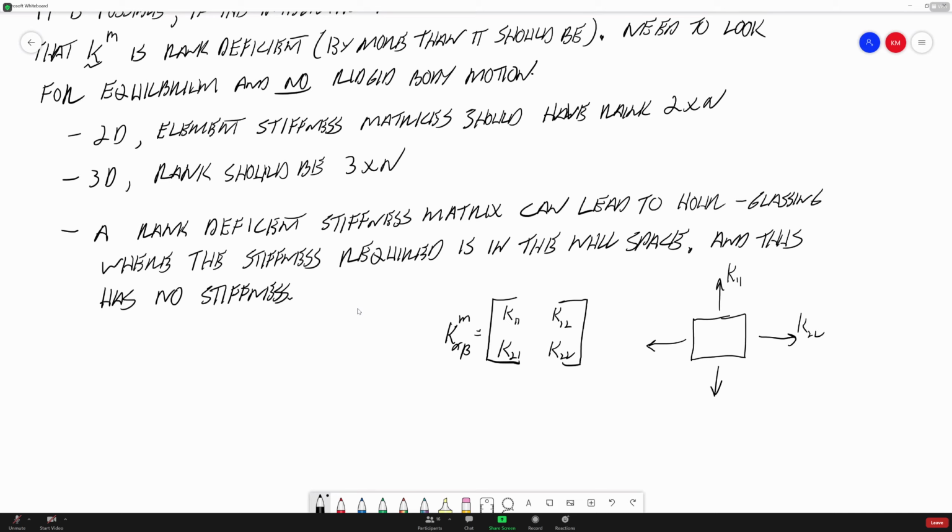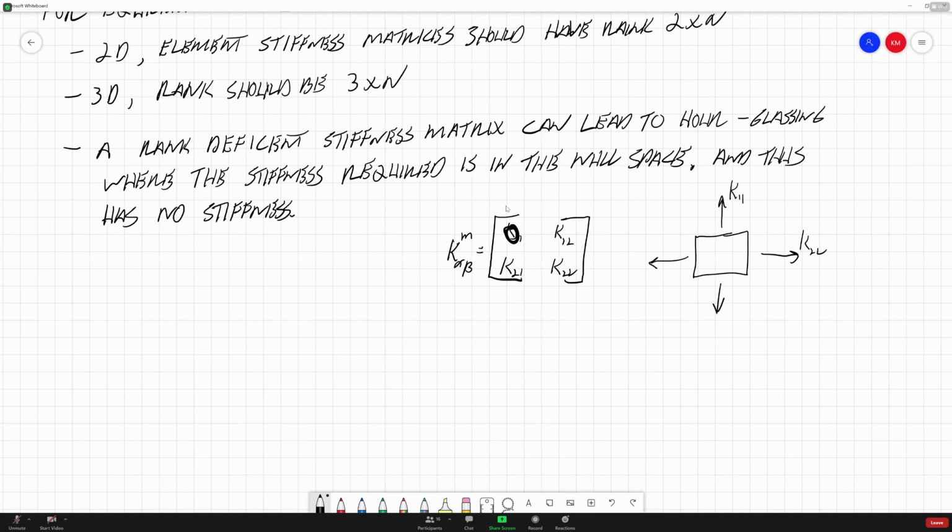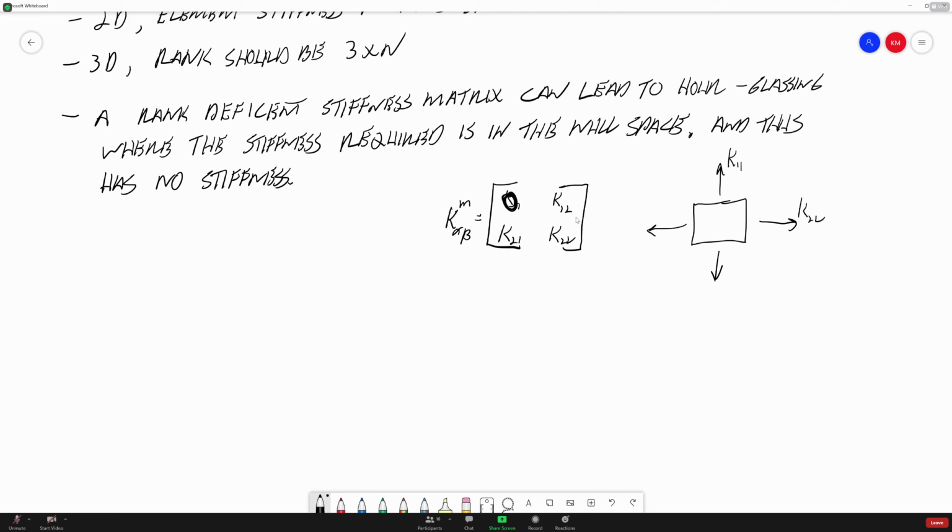What happens if we actually have a loading where K1, 1 needs to be present, but in our matrix, it is actually a 0? We have 0 stiffness, right? The thing's going to collapse in itself. It's a little more complicated than this, but that is what you're looking for, and that's what it's referring to in null space.